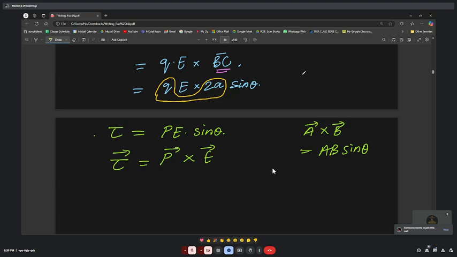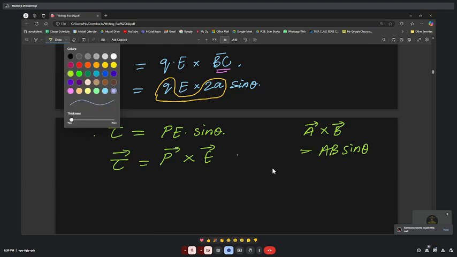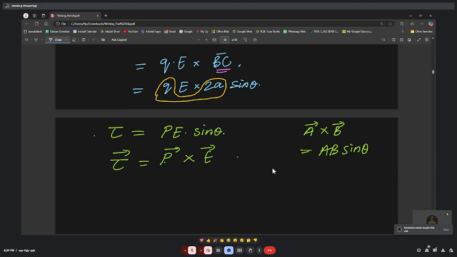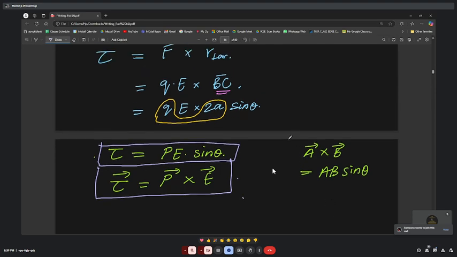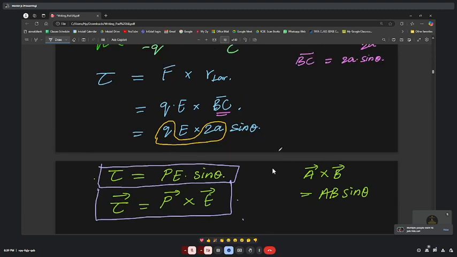So in vector form, you can express the formula for torque as a cross product of the dipole moment vector and the electric field vector. So there are two formulas for torque: one is the vector formula and the other one is the general expression. So this is the concept of torque.